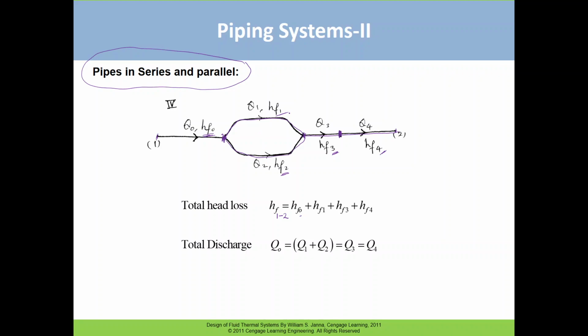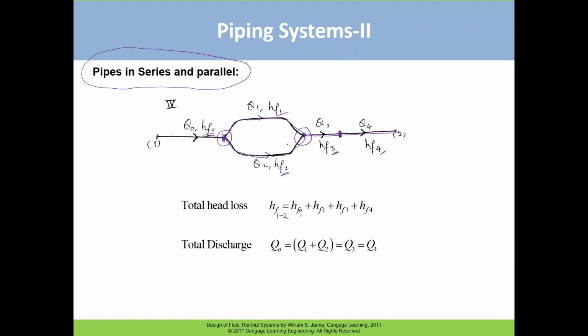When there are parallel connections, we consider only the head loss in any one of the parallel lines, and by system balance, these head losses have to be the same. They cannot be different. Here we are not considering the minor losses. For the time being, let's ignore the minor losses.